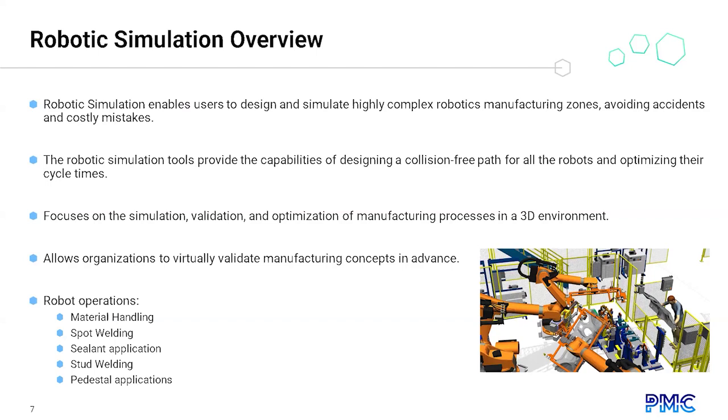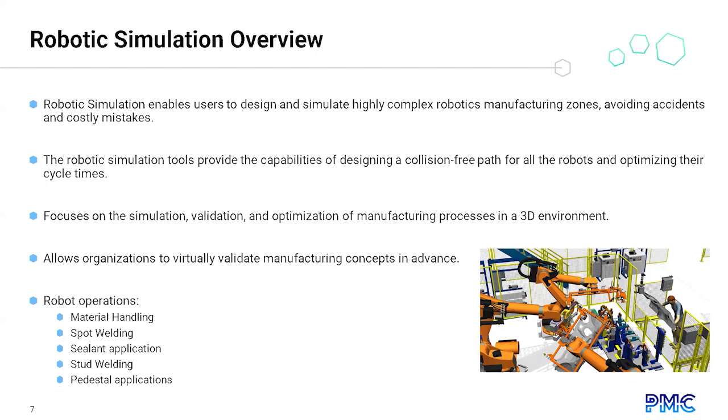But we can also use it for existing installations. For example, we can create and test scenarios in order to identify possible improvement proposals. So we can simulate complex robotic cells, for example, with several robots working simultaneously in assembling a product in areas with very limited space, which would be very complicated and take a lot of time to program in the real environment.